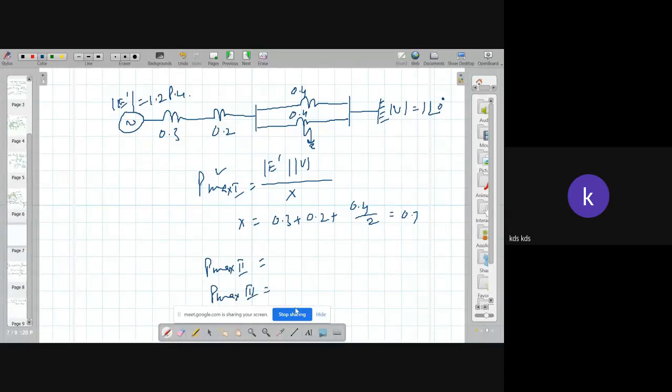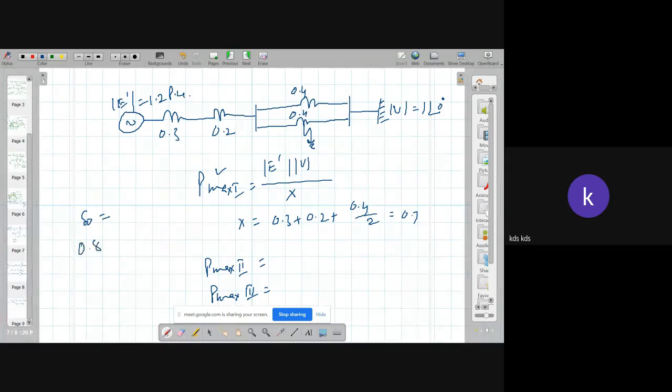Okay, so P max 1, P max 2, P max 3 you have determined, and now you can find out the value of delta naught. How is delta naught determined? Delta naught is determined from the fact that the power which is being transferred during normal operating condition is 0.8, which is given to you.